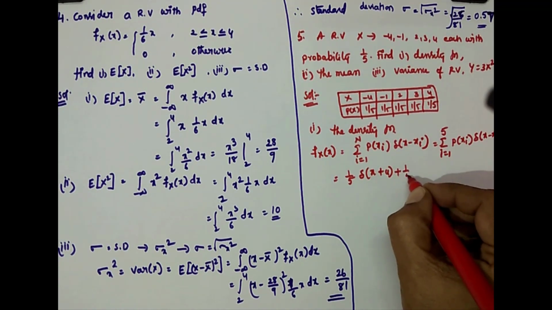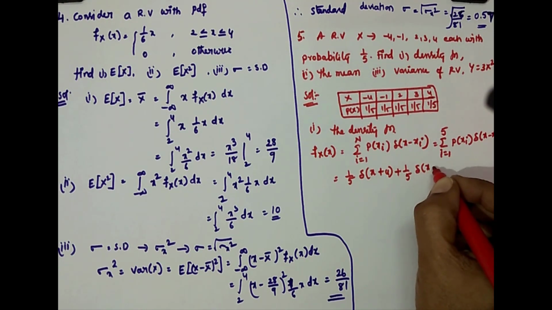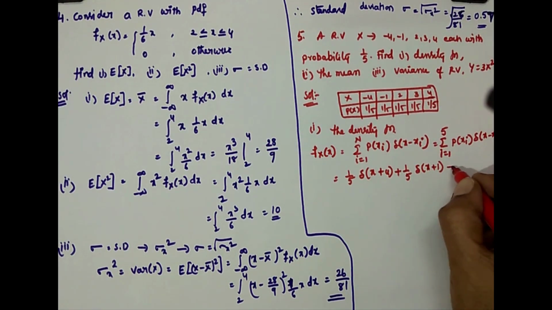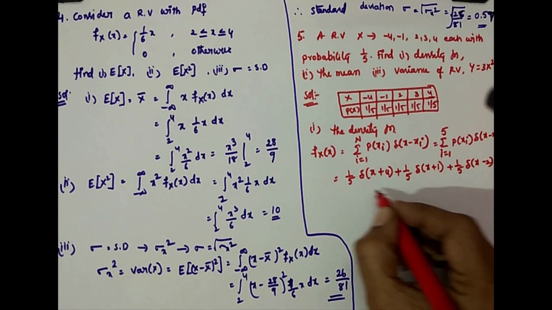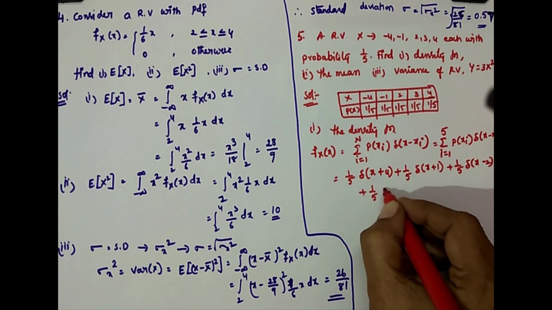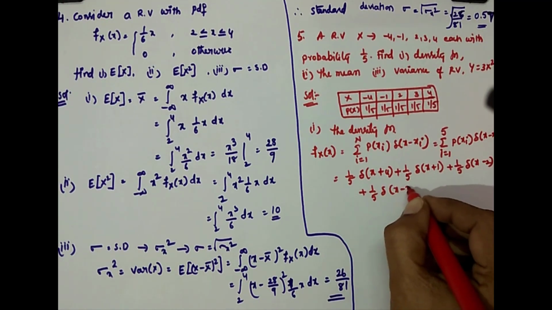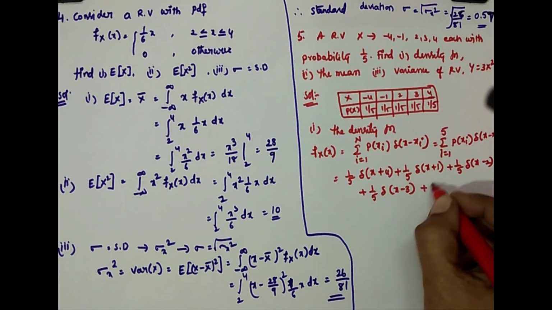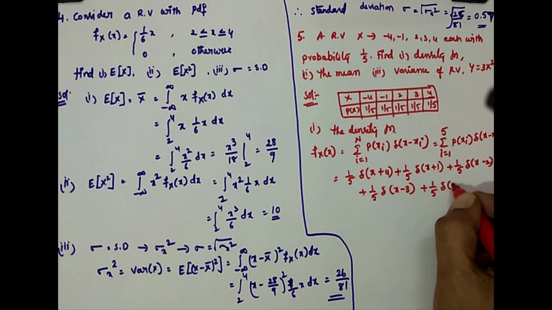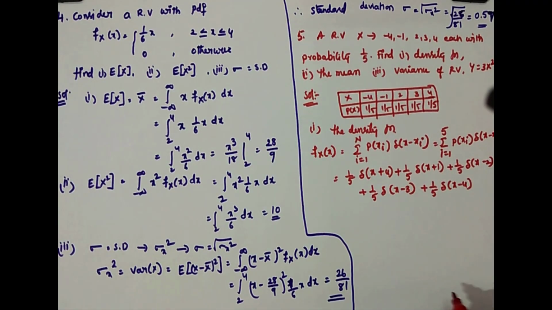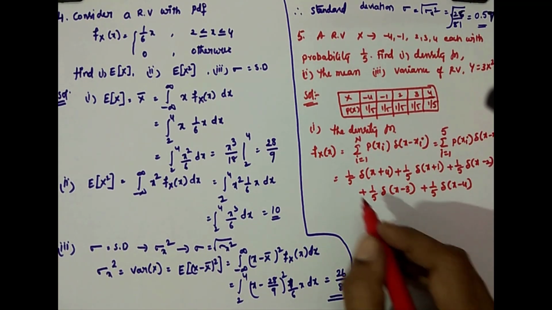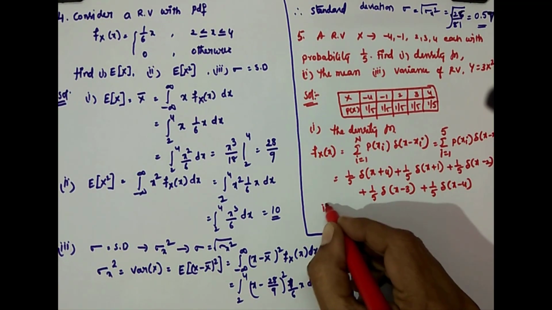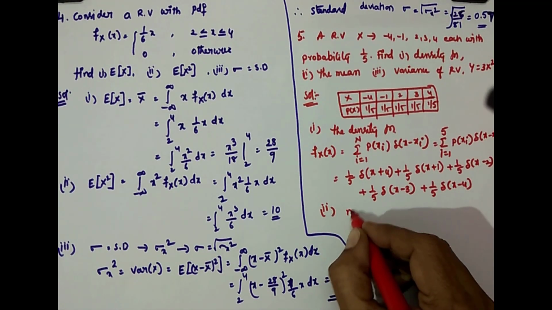Next, 1/5 delta of x plus 1, 1/5 delta of x minus 2, 1/5 delta of x minus 3 plus 1/5 delta of x minus 4. So this is the density function.